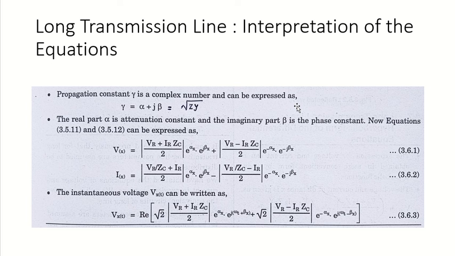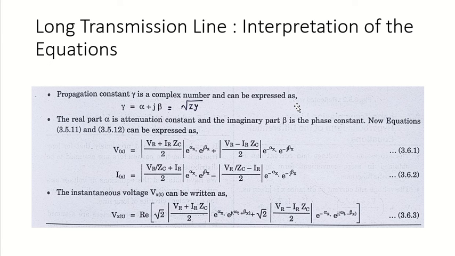Gamma is nothing but the square root of the product of my total series impedance and the shunt admittance per unit length. I'm doing the product of it and taking the square root of it, and the answer I will have, I will call gamma.